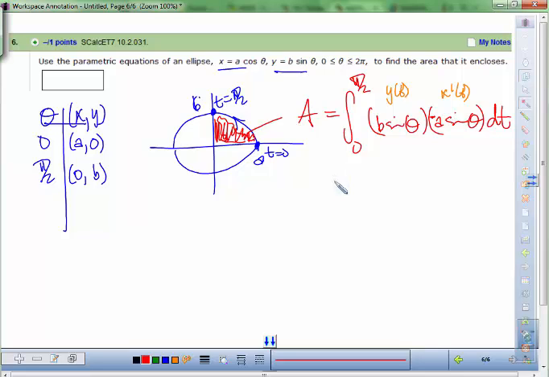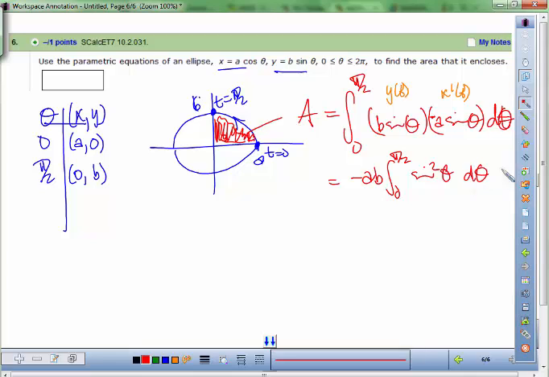All right. So I have a b sine squared, oops, I'm using theta, so let's be consistent, sine squared theta d theta.